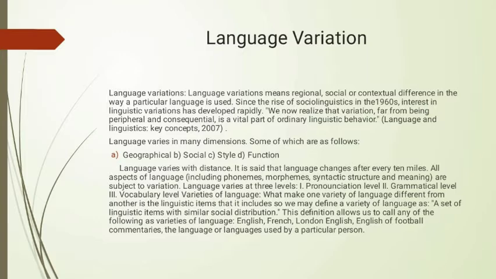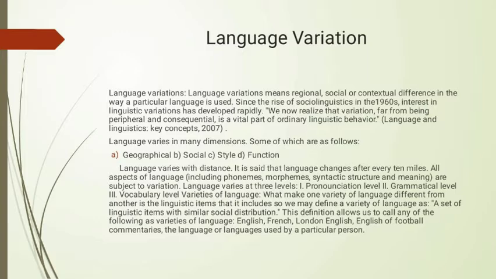Language varies with distance. It is said that language changes after every 10 miles. All aspects of language, including phonemes, morphemes, syntactic structure, and meaning, are subject to variation. Language varies at three levels: pronunciation level, grammatical level, and vocabulary level.